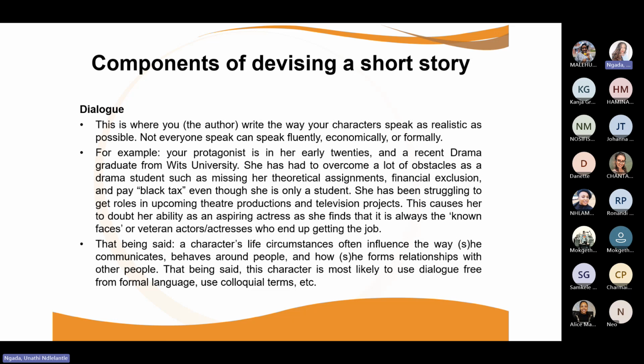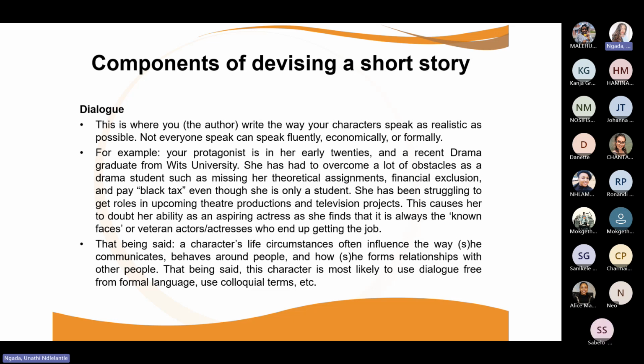So when I say that your dialogue here has to be very, very realistic, you need to keep in mind that not every character in your short story speaks formal English and uses language that is strictly formal, speaks in complete sentences, speaks so economically. So please ensure that the dialogue is as realistic as you possibly can make it.